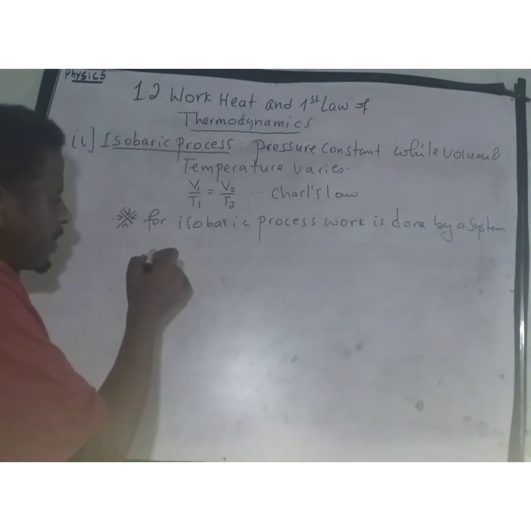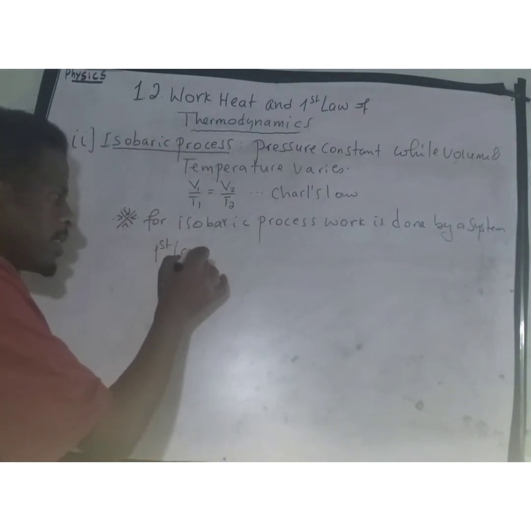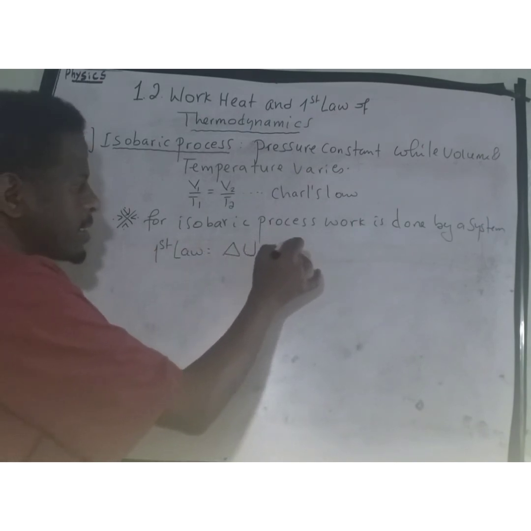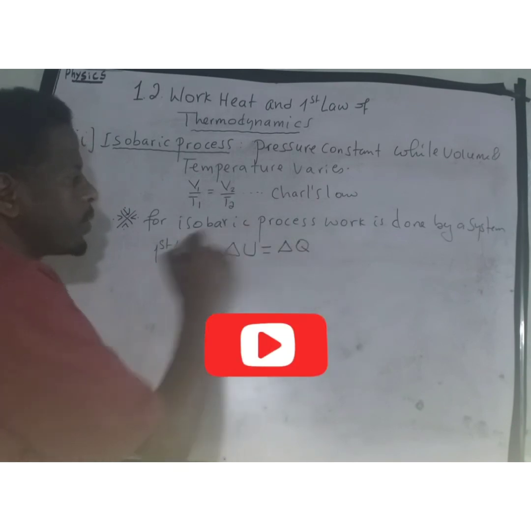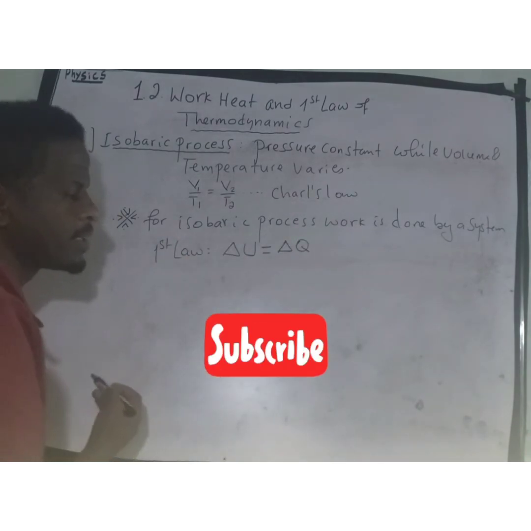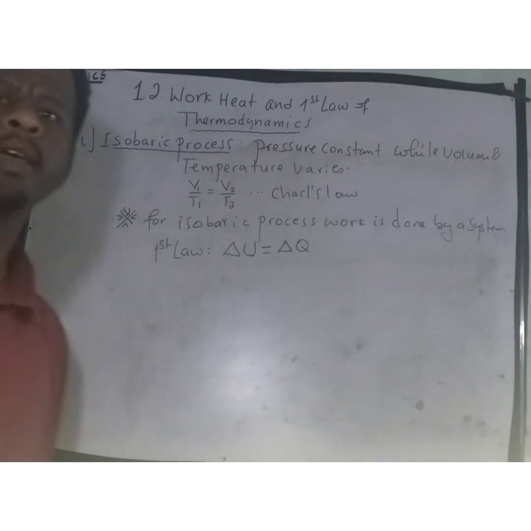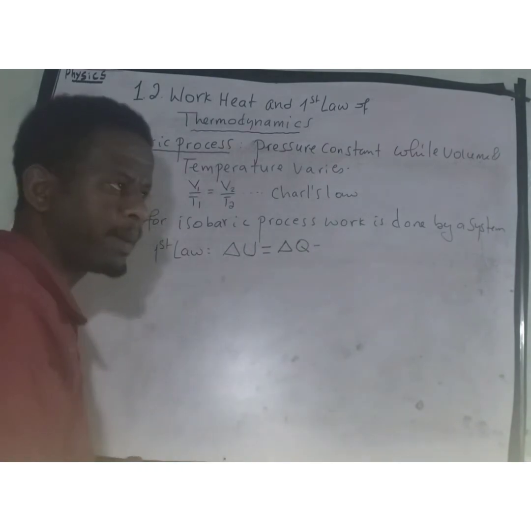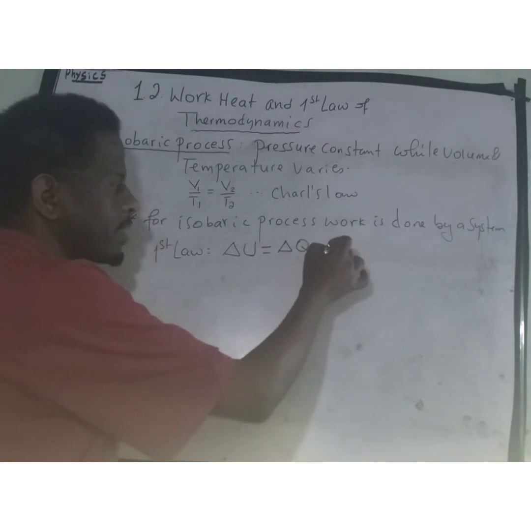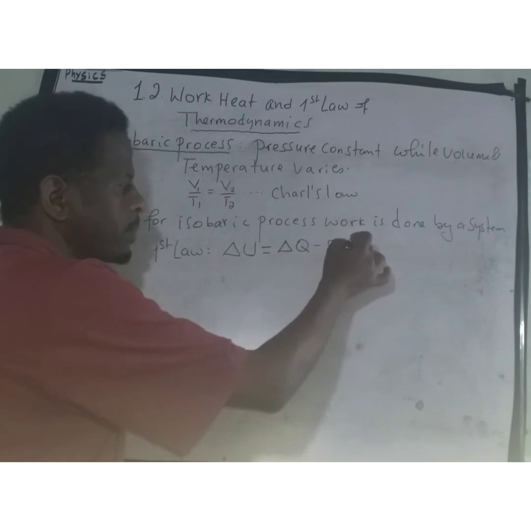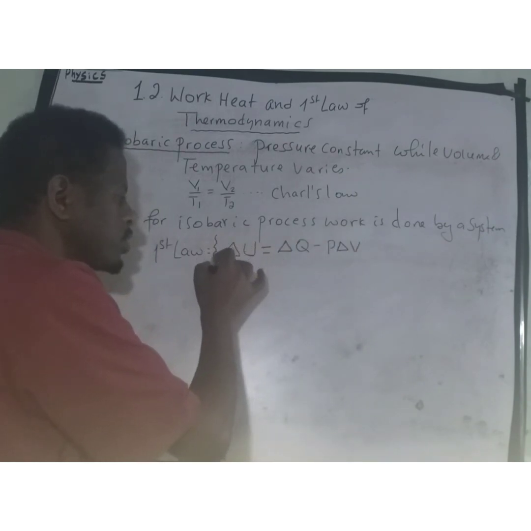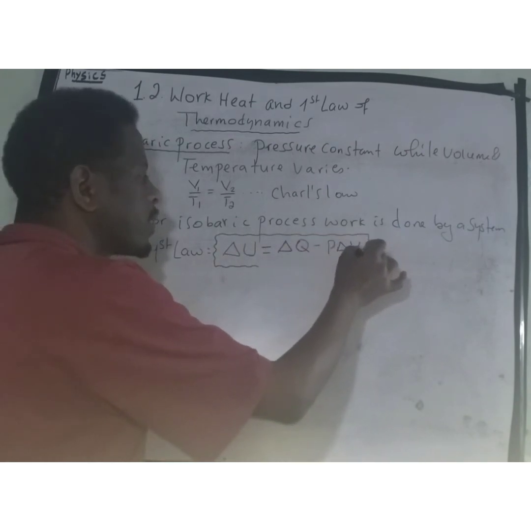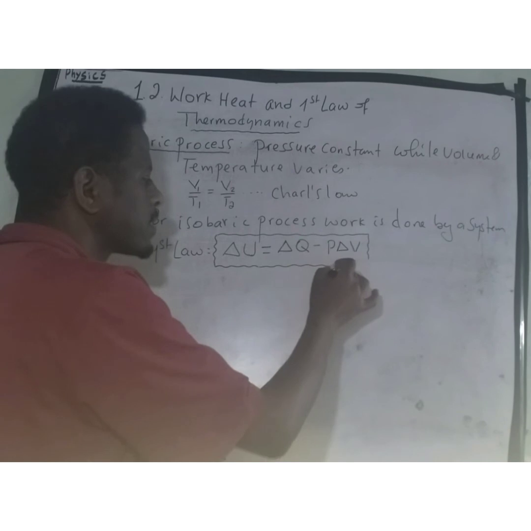Therefore, first law: increase in the internal energy equals energy entering a system through heating and work done by a system. If work is done by the system, this becomes minus, and thermodynamic work done is given by pressure times change in volume. This is the first law of thermodynamics for an isobaric process.